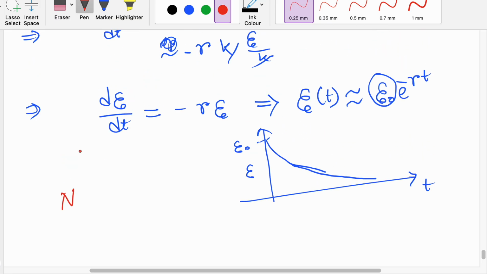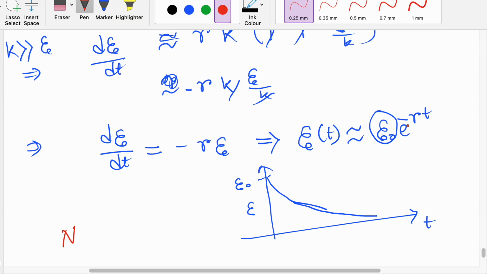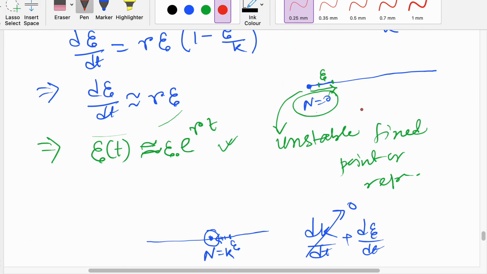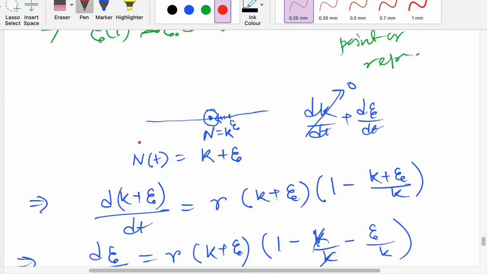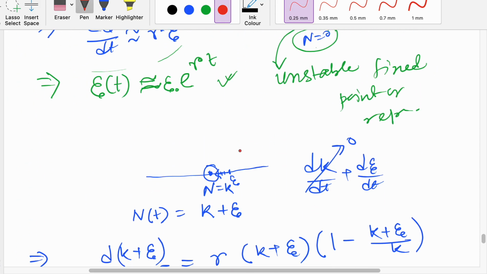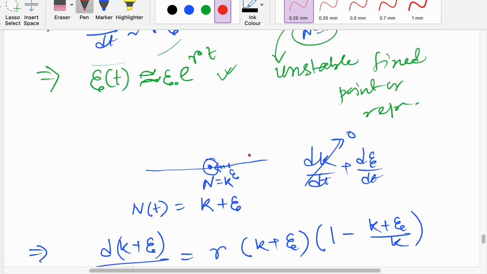Since this is e to the power minus rt, this is not the same case as N equal to 0. When time goes on, N is approaching towards K. So whenever the state of the population reaches somewhere near the N equal to K state, the distance between N equal to K and the current state will decrease as time increases.